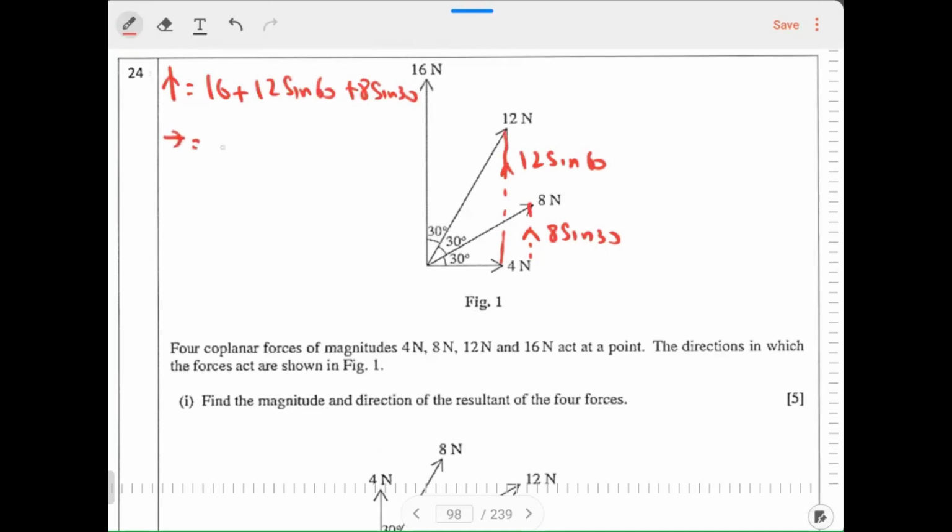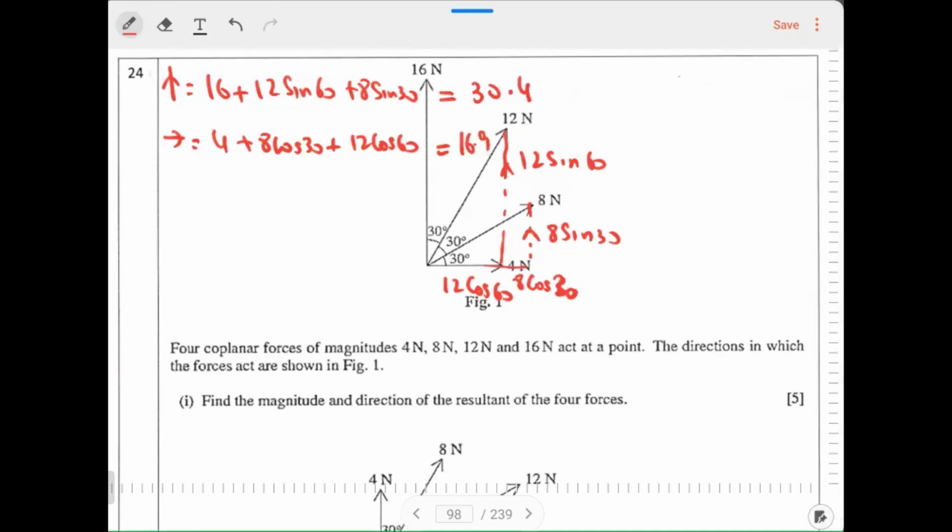Horizontal: 4, 12 cos 60 and 8 cos 30. So 4 plus 8 cos 30 and 12 cos 60 is 30.4. Vertical is 16.9.